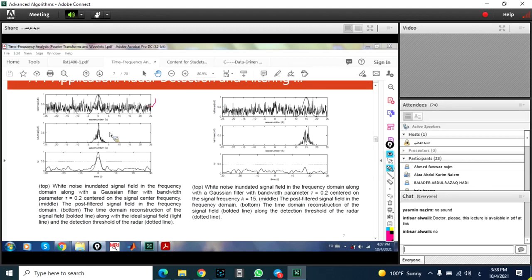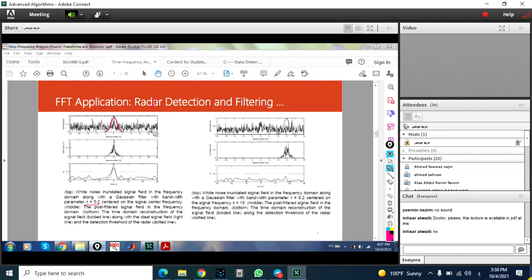If we use a Gaussian filter like this, centered at the center frequency, on the noisy signal in the Fourier space, and then use the inverse Fourier transform, we achieve this pink signal.